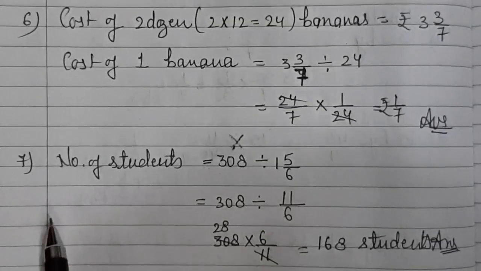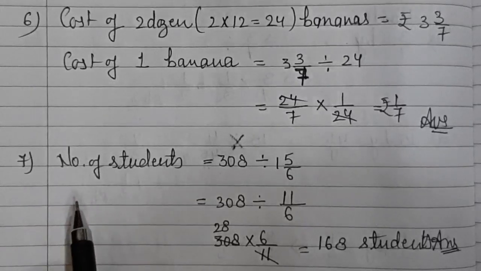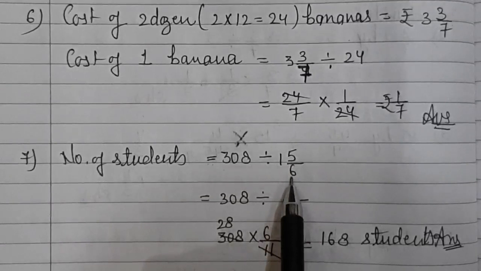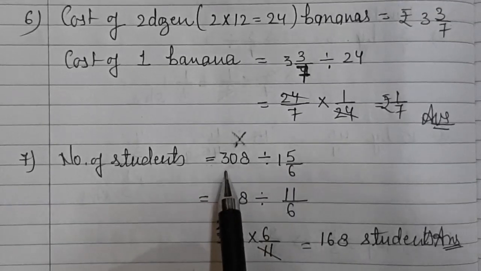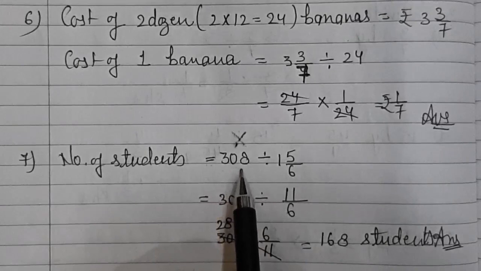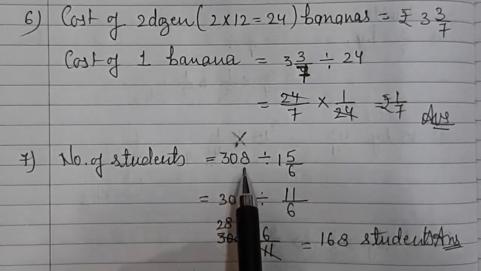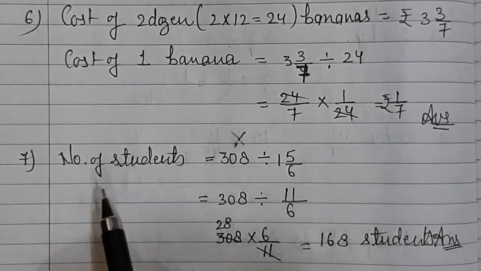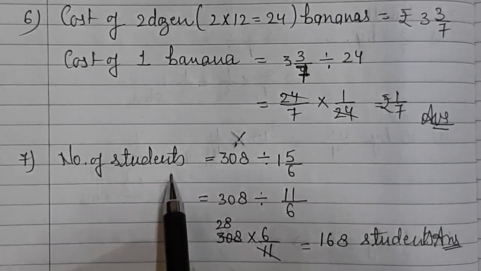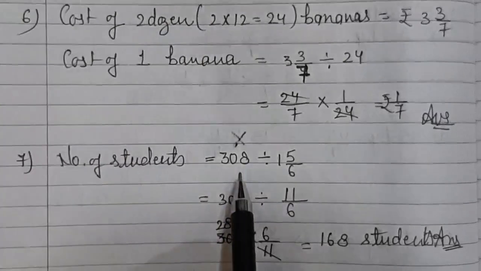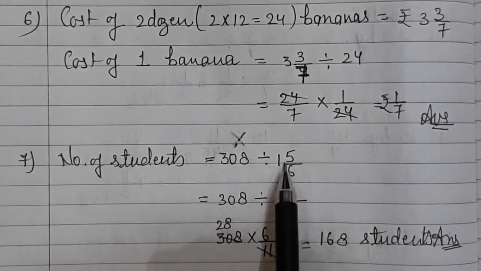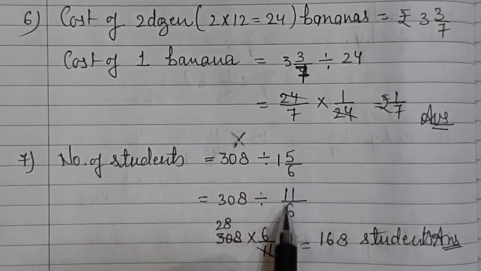Each student in a hostel is given 1 whole 5 by 6 liters of milk in a day. Every day a total of 308 liters of milk is consumed. Find the number of students in the hostel. To calculate the number of students, we have to divide 308 by 1 whole 5 by 6. So convert this mixed fraction into an improper fraction.